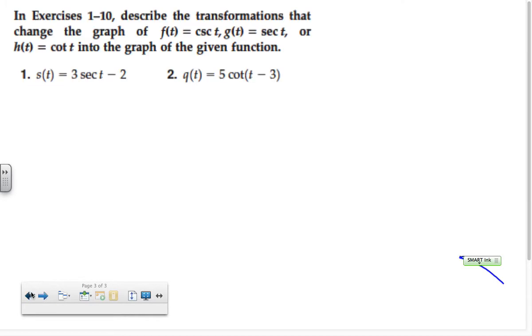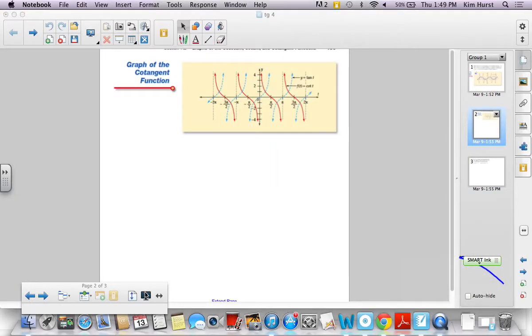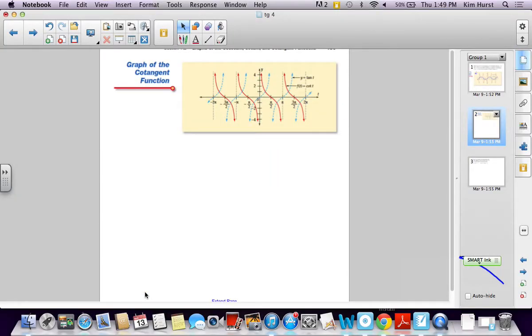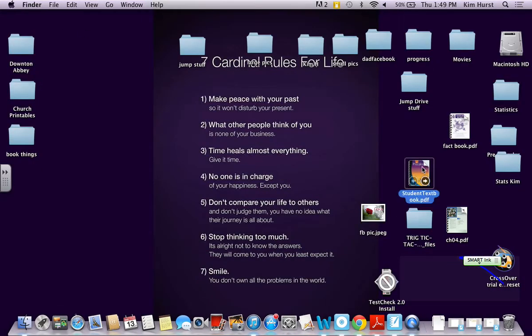I forgot to put a secant graph on here. I want you to be able to see that. So I will talk at you if you'll bear with me for a moment while I find the book. We are going to look directly on the book at this secant function. So give me a second. Pull up the book.